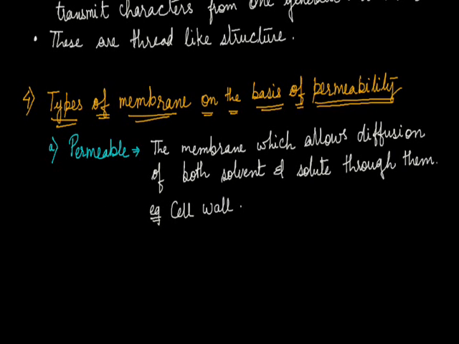Now, the second type of membrane is the impermeable. It is opposite to permeable. So, we can clearly understand what is impermeable. It means the membrane which does not allow the entry of either the solute or the solvent molecules through it.